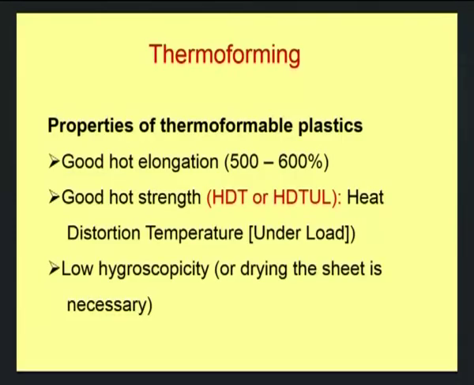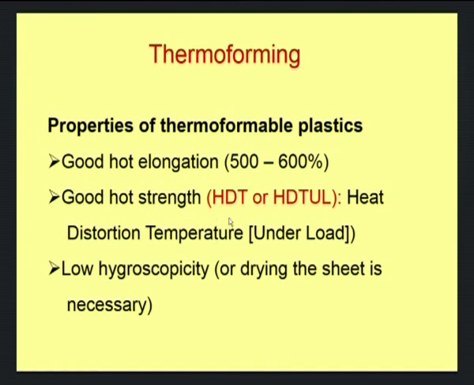Now, if you look into the properties required for plastics or polymers that could be used for this thermoforming process, the first requirement is good hot elongation. When it is in hot condition, it should not break, rather the melt has to be continuous and it should elongate. A typical elongation percentage required is 500 to 600%. Next, good strength at hot condition, that is characterized by a term called heat distortion temperature, HDT.